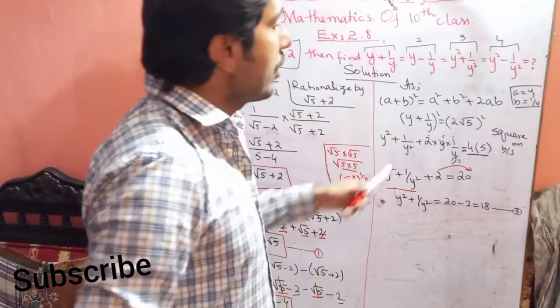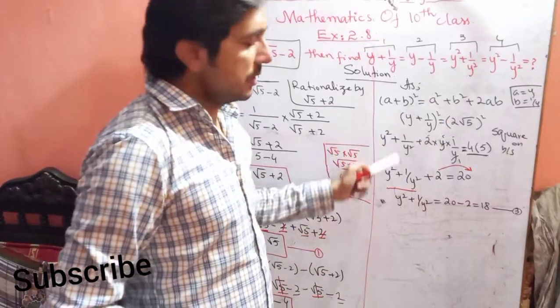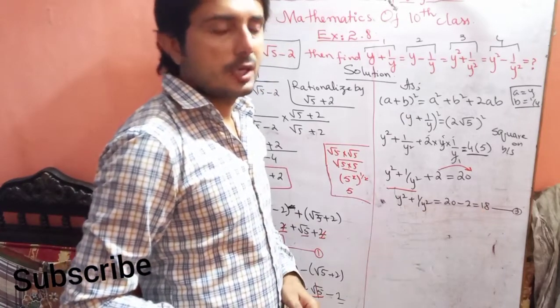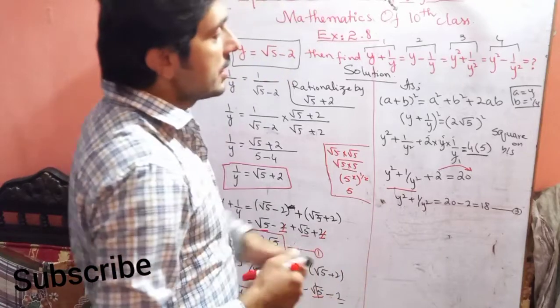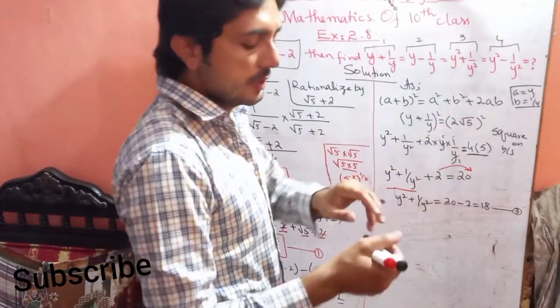The square of y square plus 1 upon y square, when we solve it by using the perfect square, we get the answer equal to 18. Now the fourth question, we have to determine the difference of the two squares, y square minus 1 upon y square.